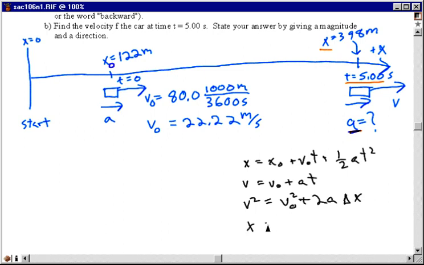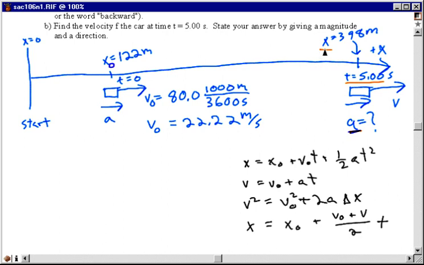And x is x0 plus the average velocity times the time. And again, these are constant acceleration equations, only good for constant acceleration.